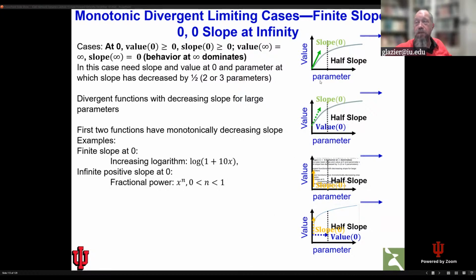Finite slope at zero, zero slope at infinity, infinite value at infinity: something like x to the 1/2 will work for that, or an increasing logarithm will work for that.